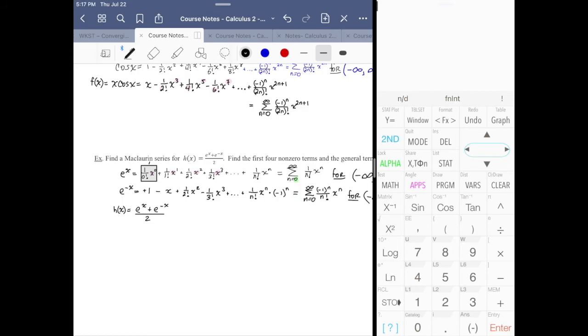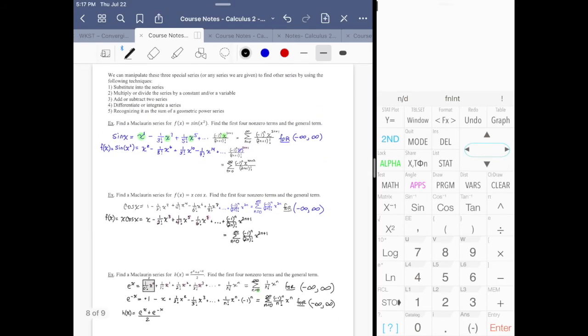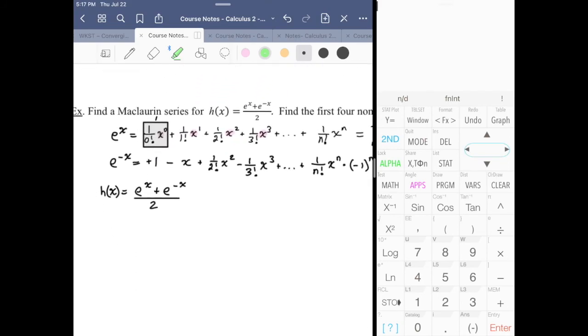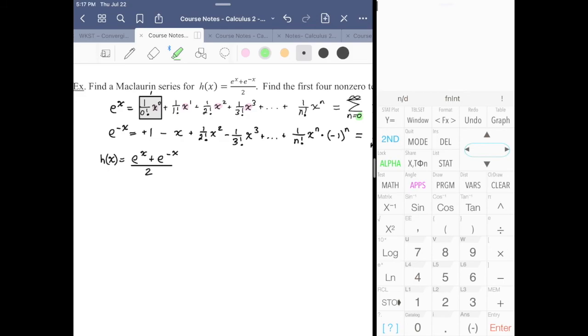All right, so it's the average of the two expressions, e to the x and e to the negative x. So it's a question really of, do you want to average, just going back here, you can add or subtract two series, or multiply or divide the series by a constant and or a variable.